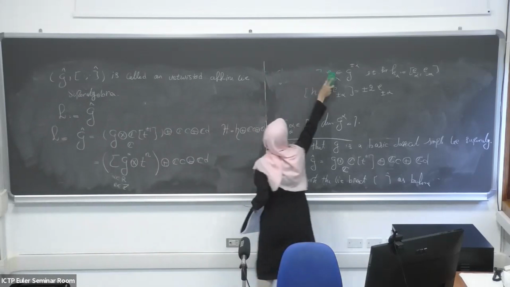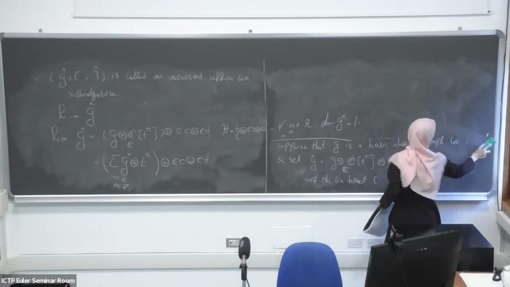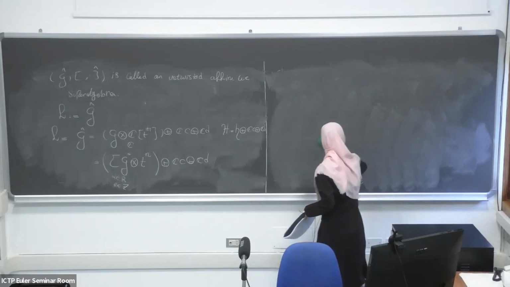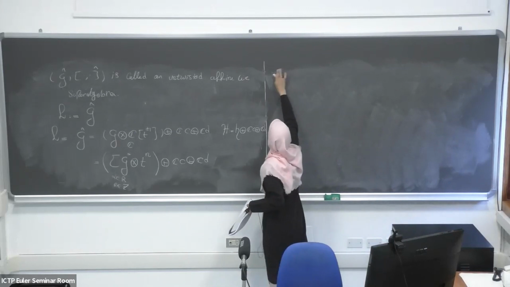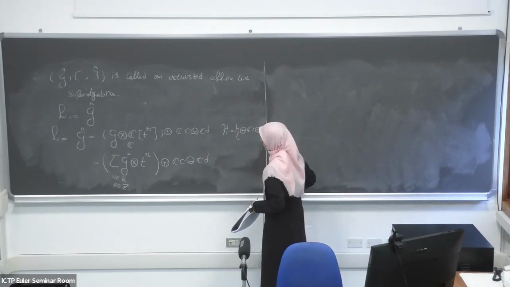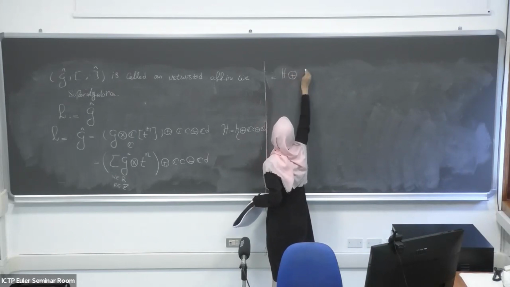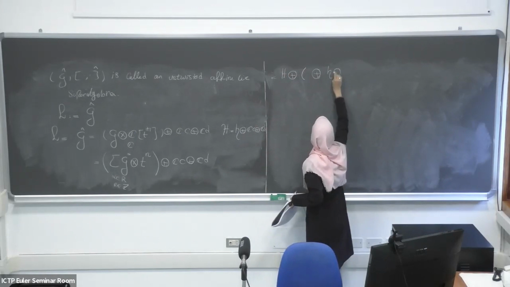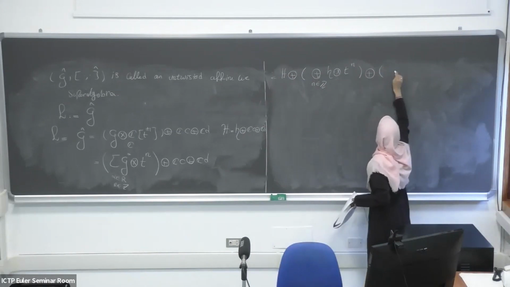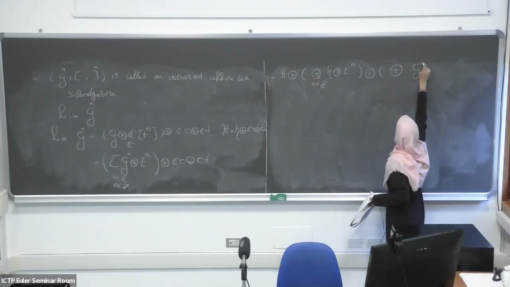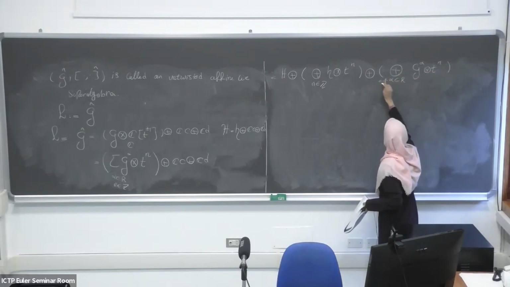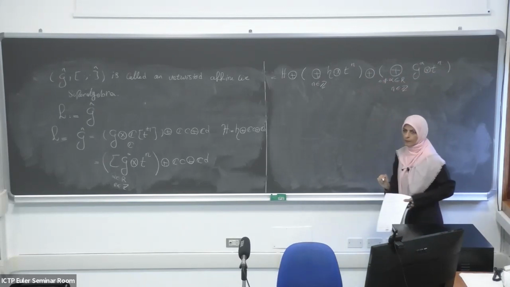As before, I can write it in this way: H direct sum H tensor Cn direct sum the direct sum of G alpha tensor Tn, where alpha is an element of R but not 0 and n is an element of Z. Right?